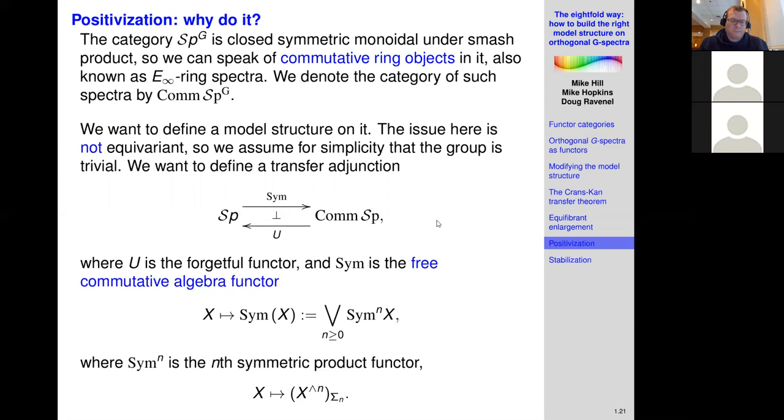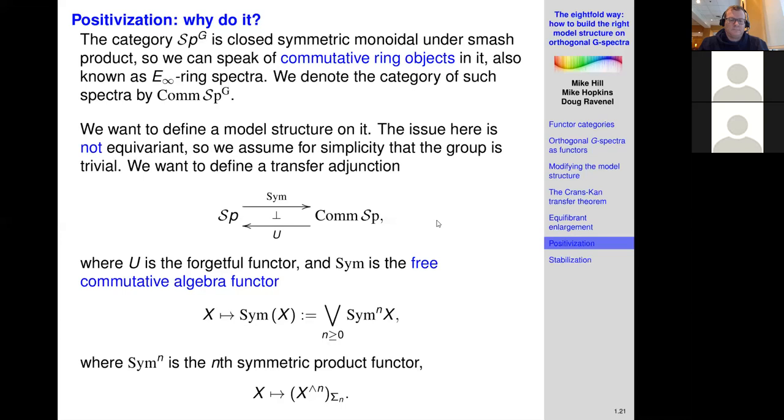And so that gives me a functor from spectra to commutative ring spectra. And then I have a forgetful functor going the other way. And these two functors are adjoint to each other. Okay, so I could use this to define a model structure.